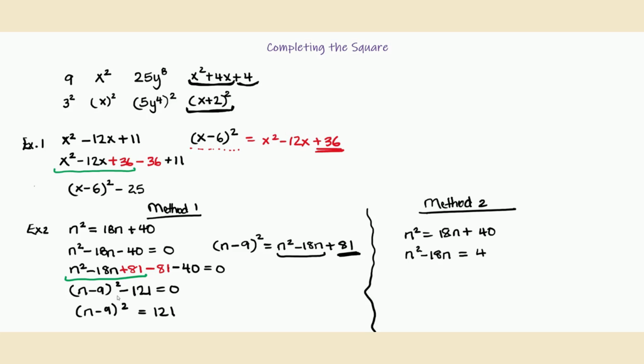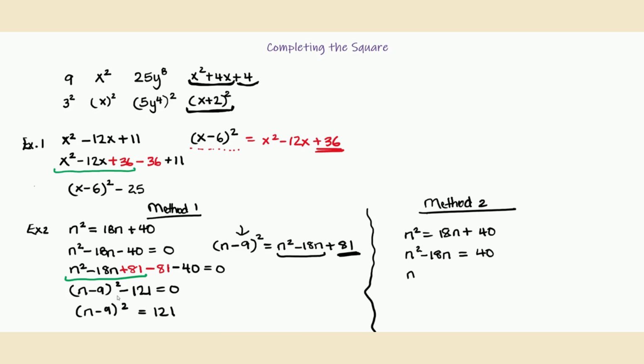And we'll set that equal to 40. So here we only have the first two terms that we want to use to complete the square. Keep in mind that we are going to use n minus 9 all squared as our perfect square. And so here we need to add in 81 to complete the square.